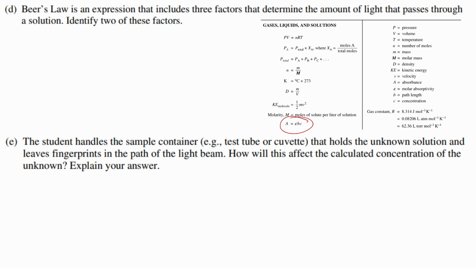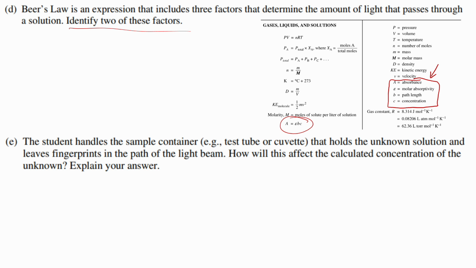Because if you look at the right side of your formula sheet, it actually tells you all of the components of that law. So as long as you knew how to find it, you could answer this one question. You only had to identify two of these factors. So you could have chosen absorbance, molar absorptivity, path length, or concentration, and you would have gotten those points.